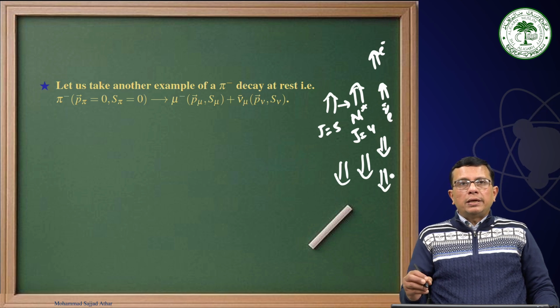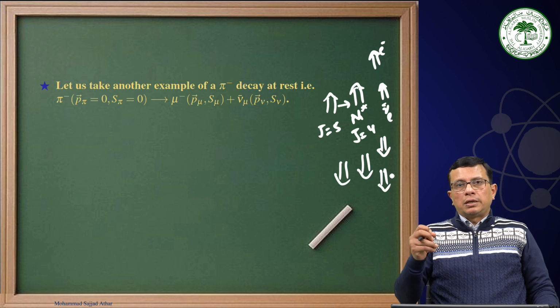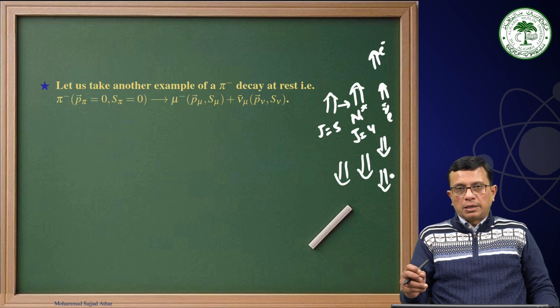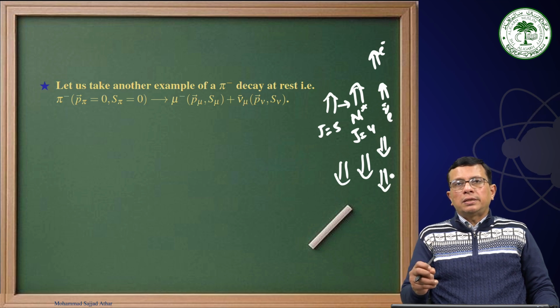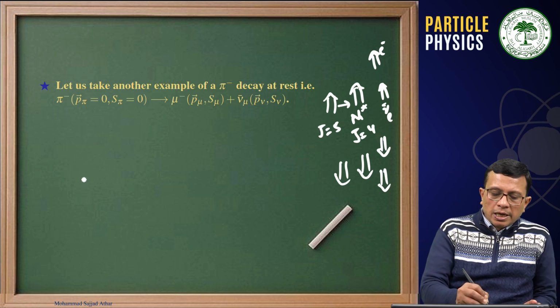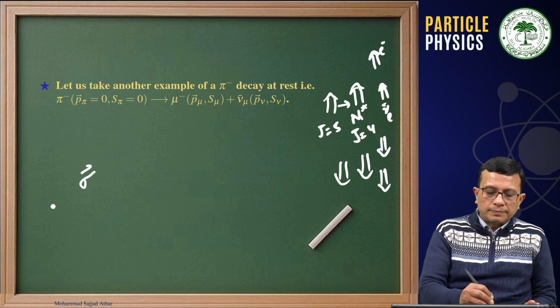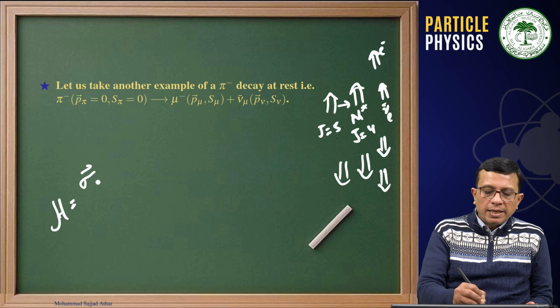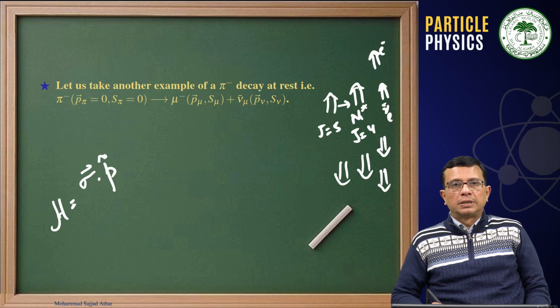Now, what was the driving force making electrons have a particular direction? That is nothing but the helicity of the neutrino, or the helicity of the anti-neutrino. What is helicity? Helicity is the projection of a spin in the direction of the momentum of the particle.